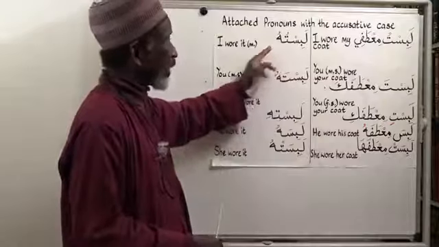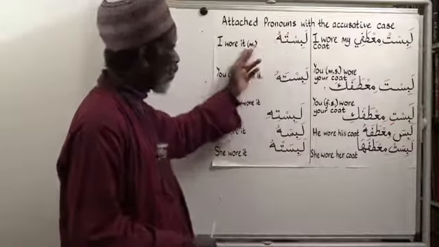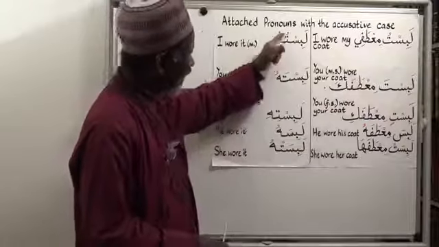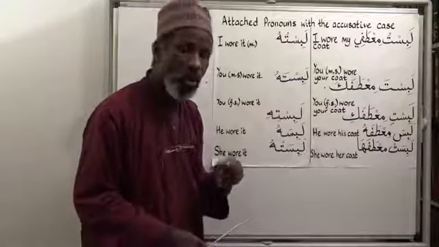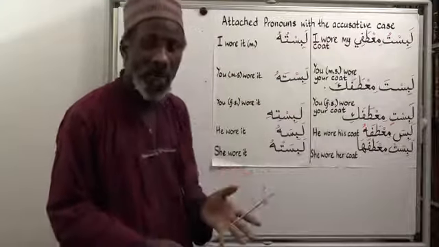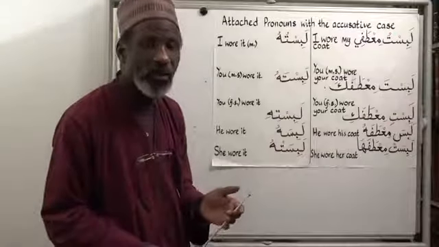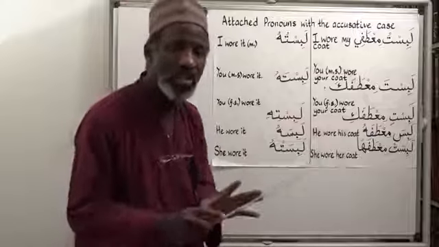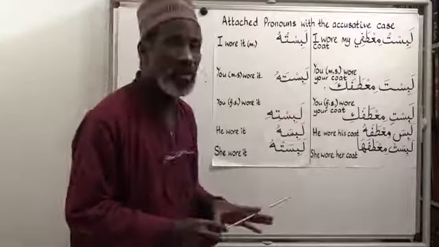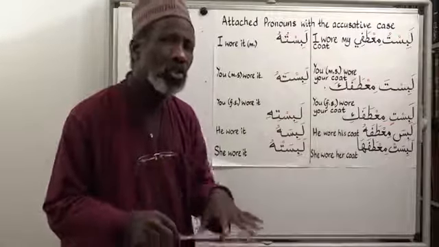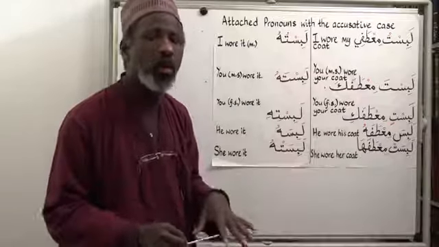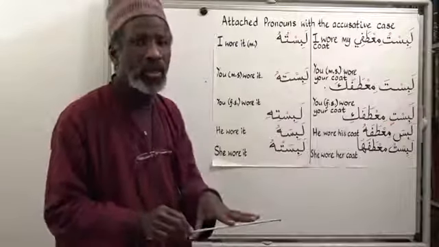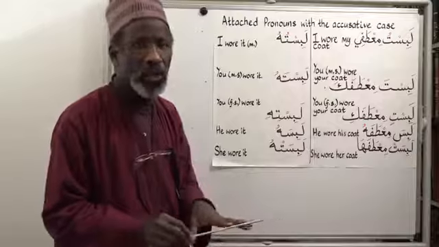Labistuhu. Again, labistuhu. I wore it. This hu, which is a pronoun, cannot decline, it is indeclinable, meaning you don't change its vowel. So even if it's in a position where it should be carrying fatha, no, the pronoun will remain whatever vowel is originally there.